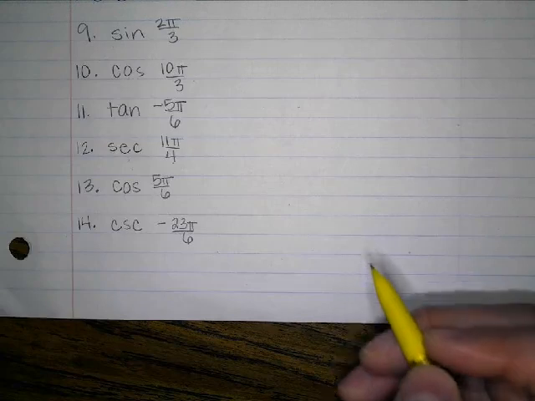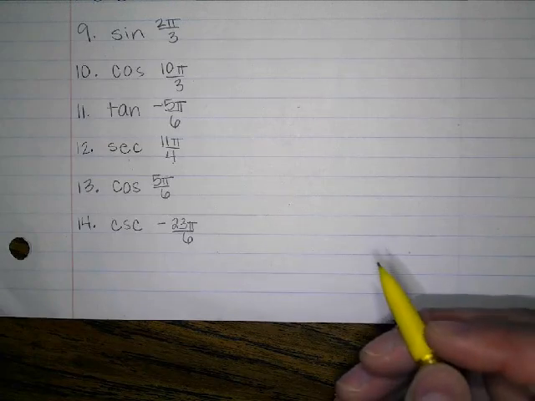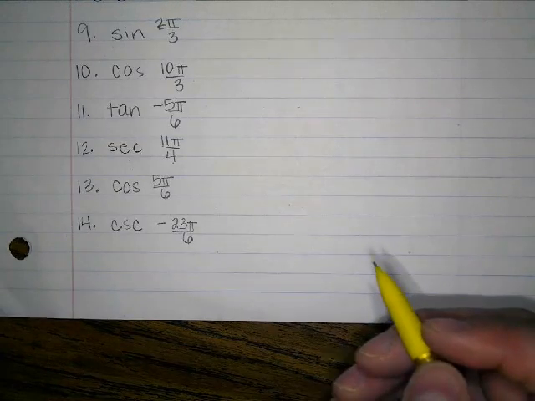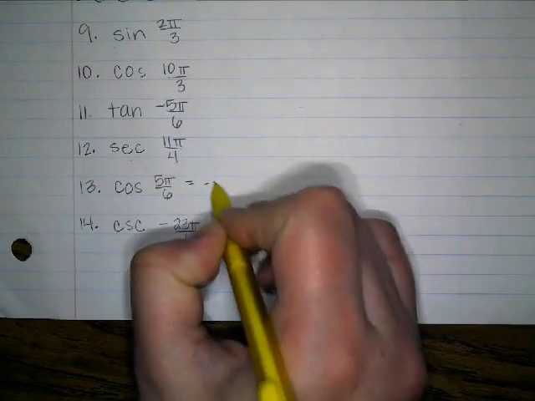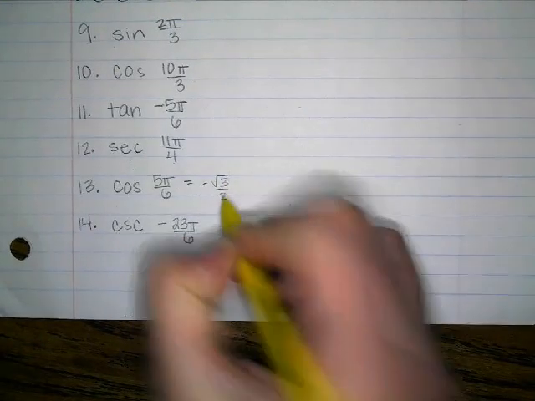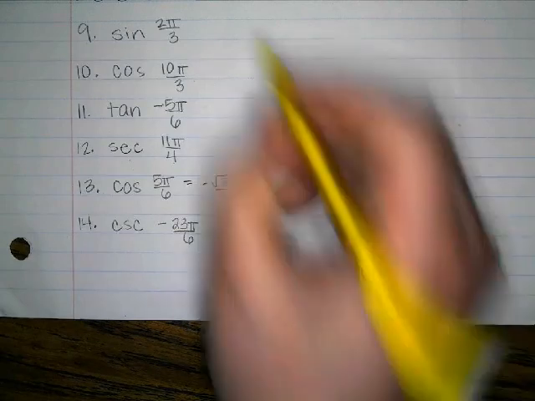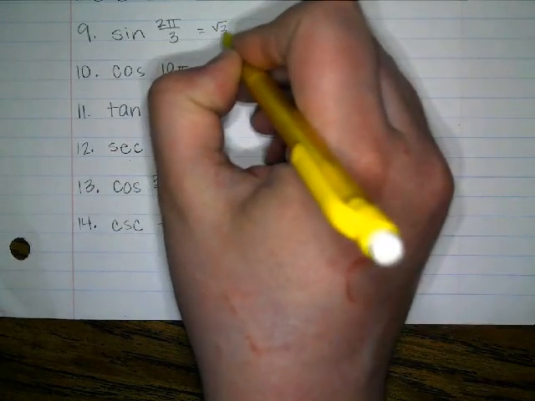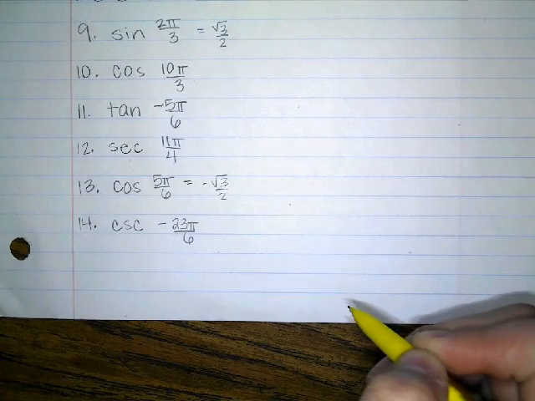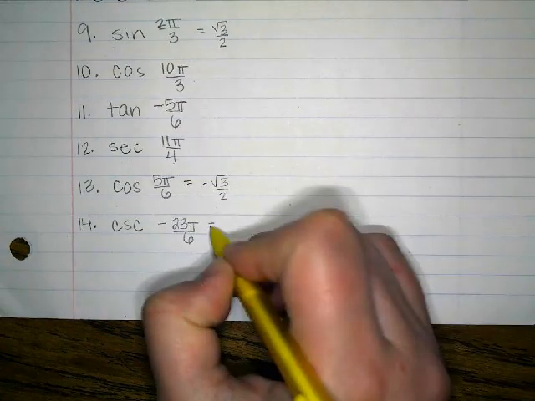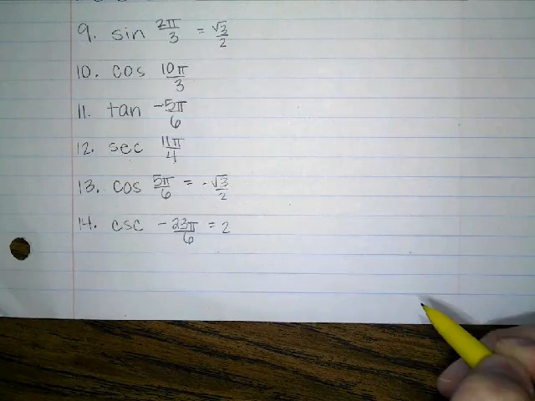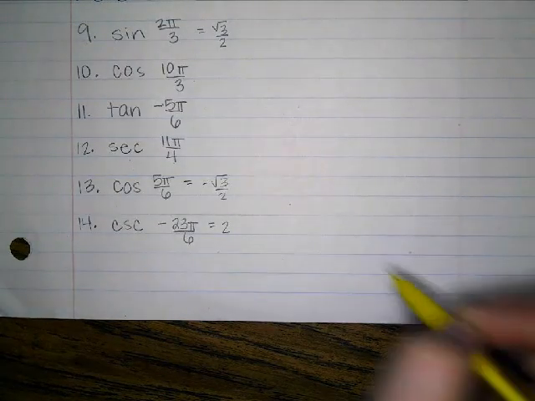Hold on. Negative root 3 over 2. Root 3 over 2. 2. And root 3 over 3. Yeah.